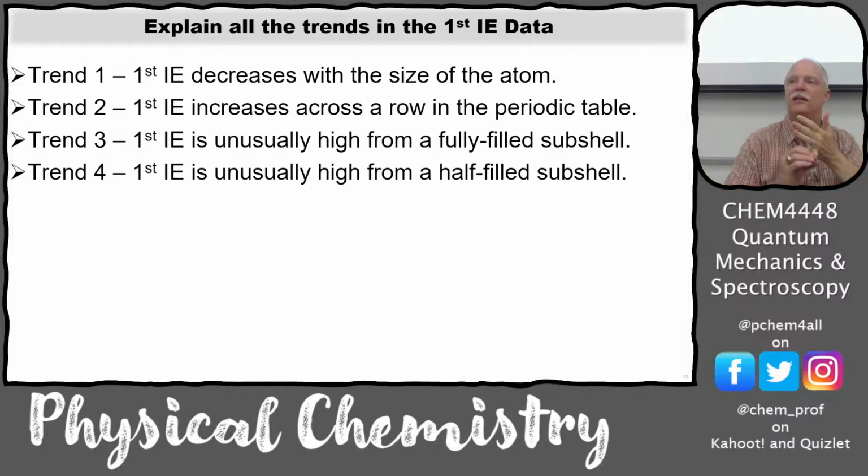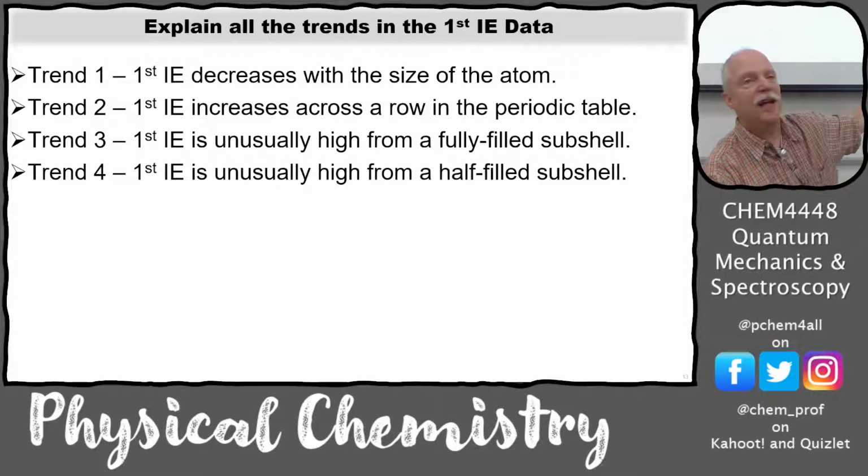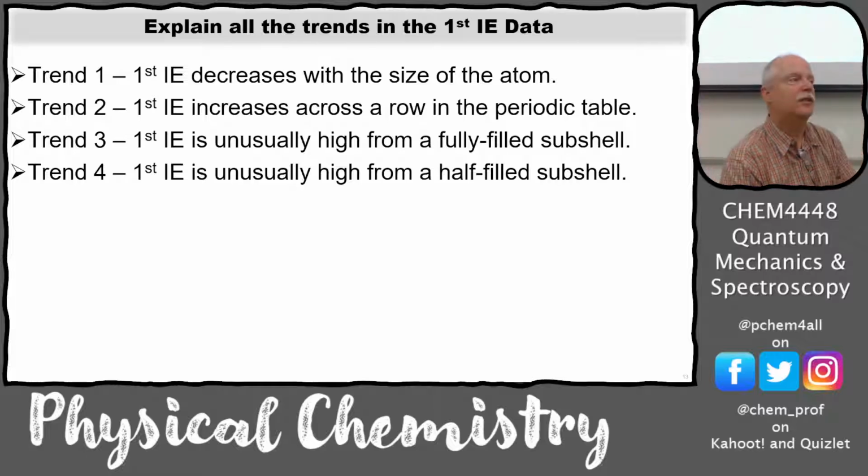An s, a d, a p, an f. Those are subshells. So, for p1 through 6, a half fill would be p3 because it can hold 6 electrons. A d is 1 through 10, so half fill would be d5. Help me find the columns in the periodic table that are half-filled subshells. Just call out the top atom.